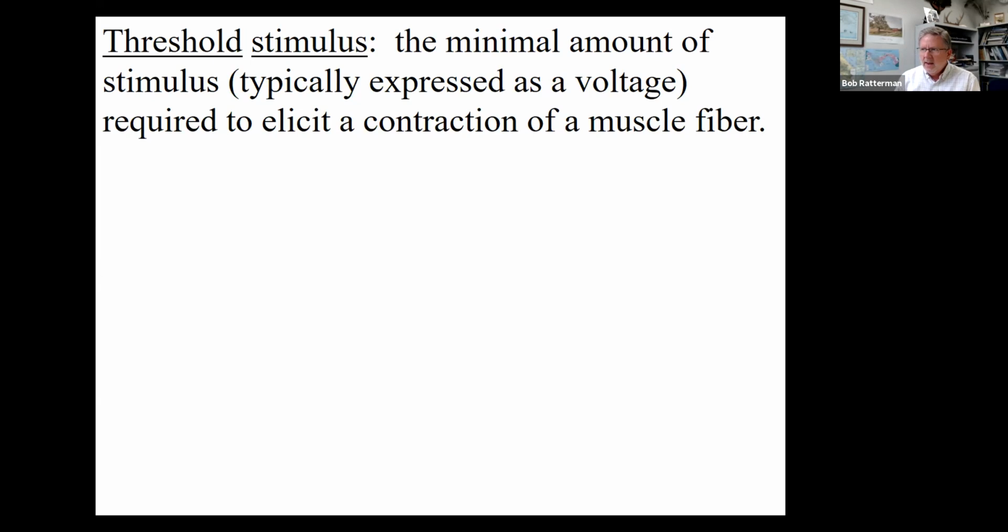And so if you had an isolated muscle fiber, not an entire big muscle like the gastrocnemius, but let's envision a single muscle fiber, but the same actually applies to the entire muscle, and you delivered an artificial stimulus to that muscle with a stimulator machine, you'd find that there's a certain voltage you'd have to achieve before the muscle fiber would react, i.e. contract.